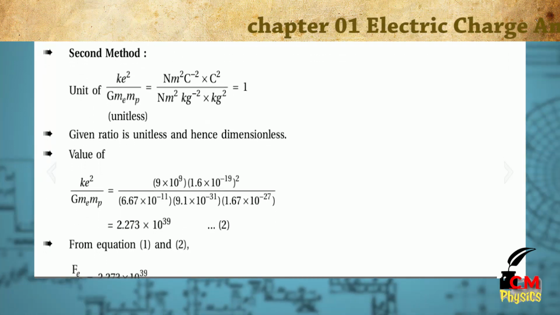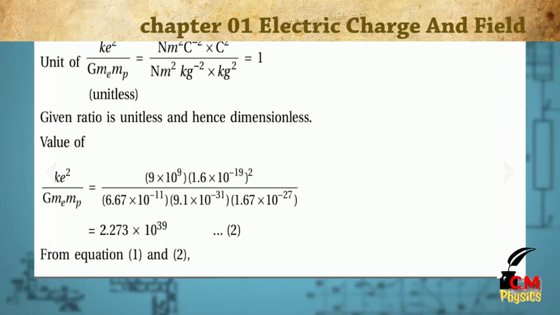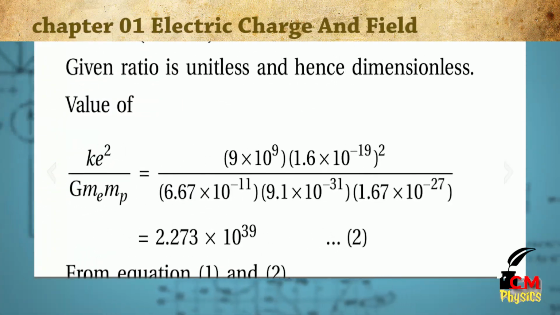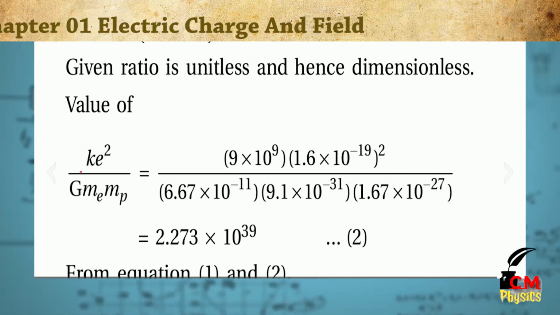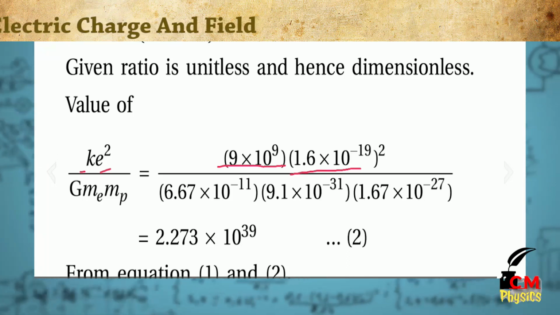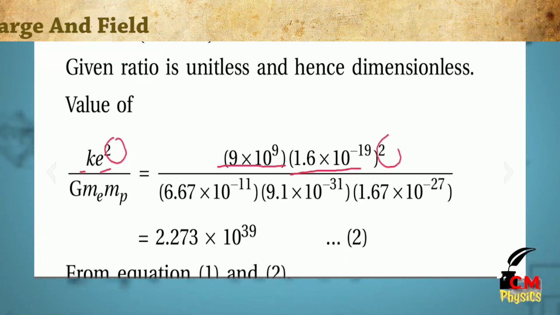Now put in the values and calculate the further answer, the second part of the question. We want to calculate the whole value. Value of K is 9 into 10 raised to 9. Value of e is 1.6 into 10 raised to minus 19, squared.